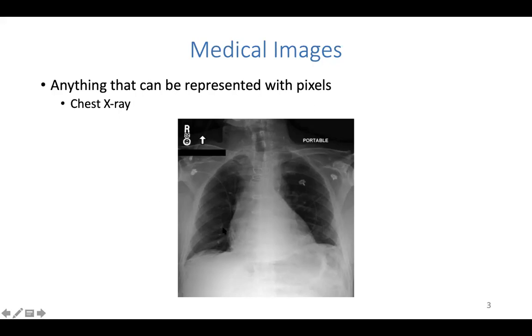Chest X-ray looks like this, but as we will see at the end of the class, there are a lot of different views of X-rays. If you remember what you went through when you went to the hospital and took an X-ray, sometimes you stand up, sometimes you turn your front towards the X-ray machine, or maybe you turn your back towards the machine, or you stand sideways.